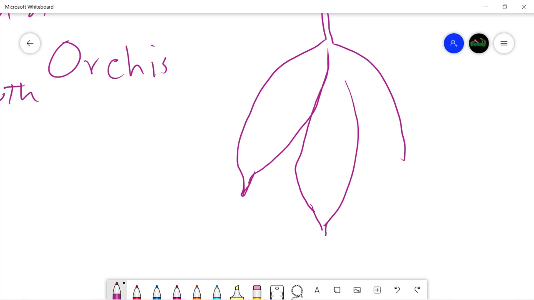So as you can see, it is more like the ones we have already seen in dahlia. Something like this. These are outgrowths. So they are spread, as you can see here. Let's draw another one.